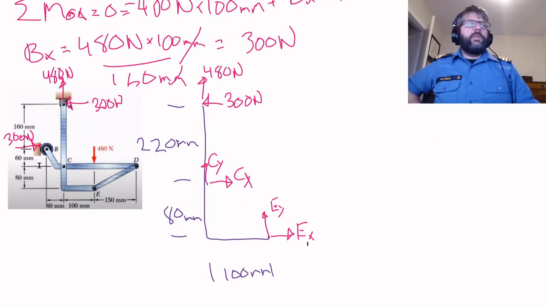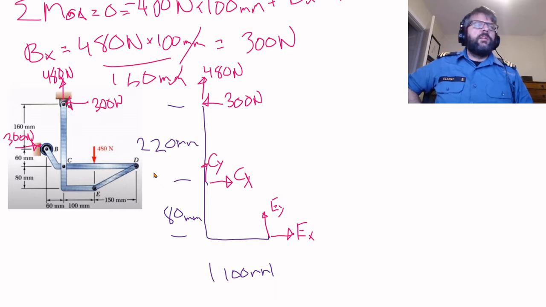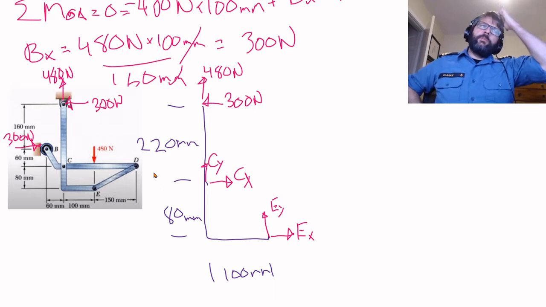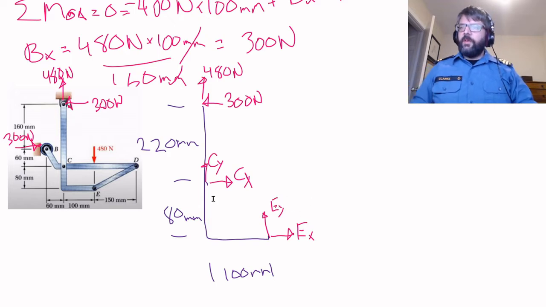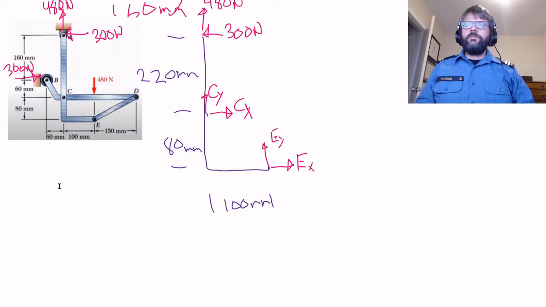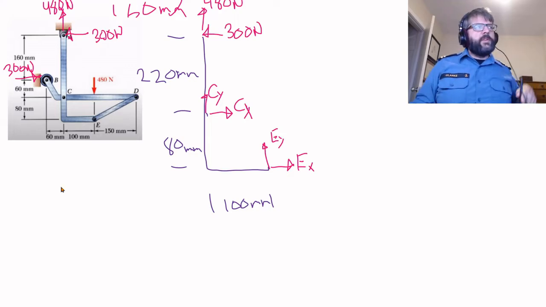Now, if we look at this, we know that ED here is a two-force member. So we know that it is either going to be in compression or tension. So what we can do is figure out the ratio between our EX and our EY. We just have to find out what the unit vectors are.